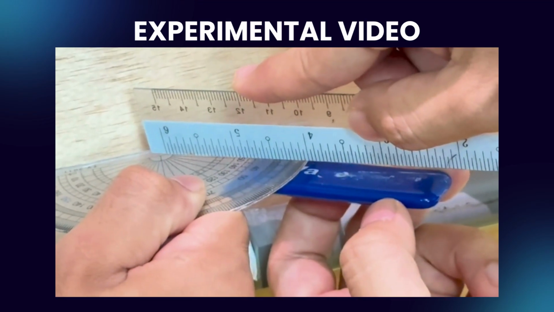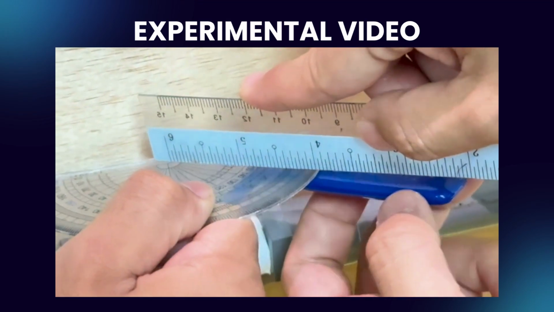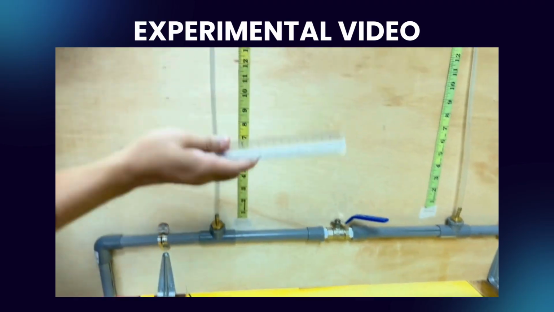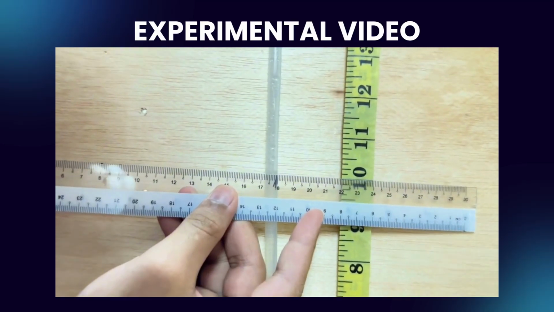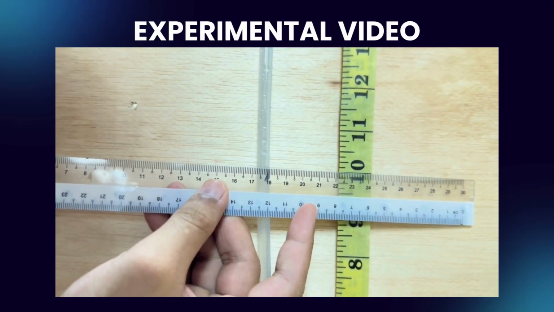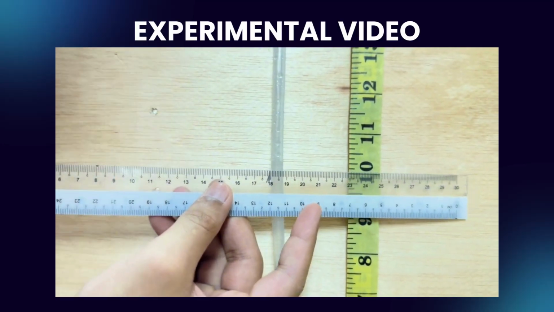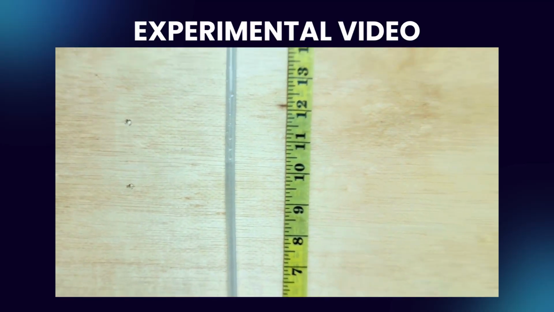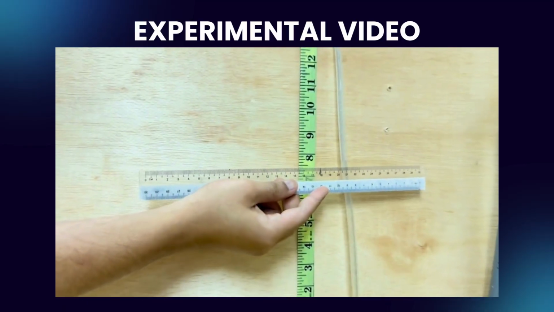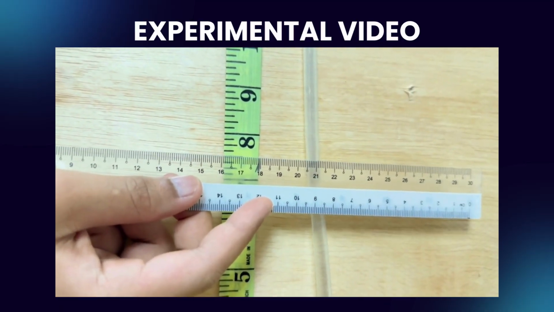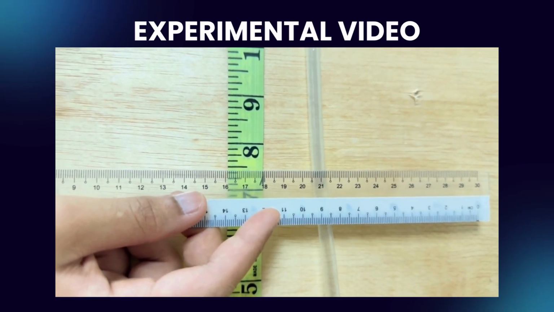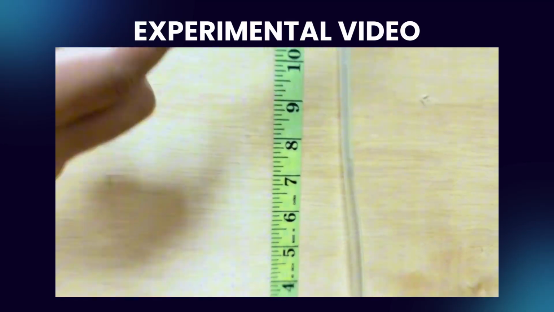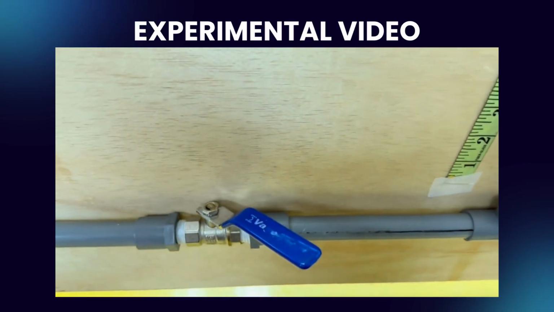Now we look at the 30-degree angle. For the 30-degree angle, the inlet pressure we got is almost 10, plus minus, and 10.1 plus minus. And for the outlet pressure, we got almost 7.5 plus minus for the 30-degree angle.